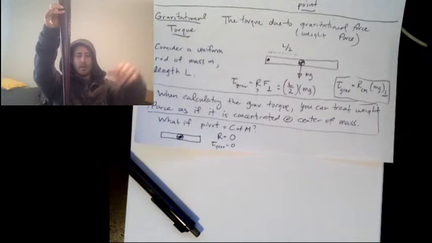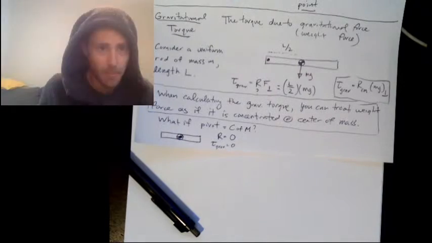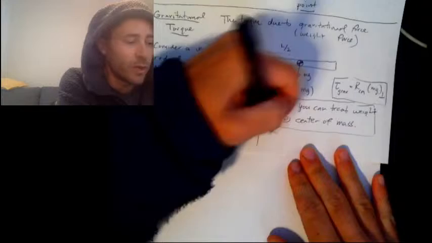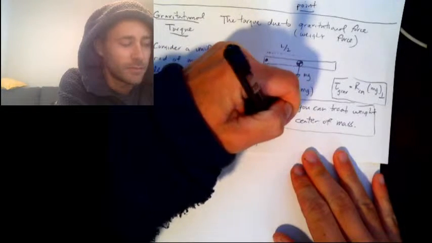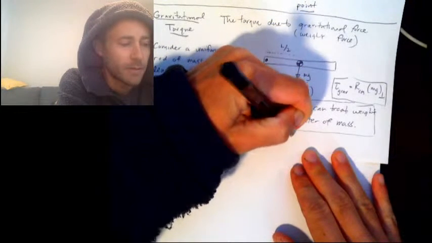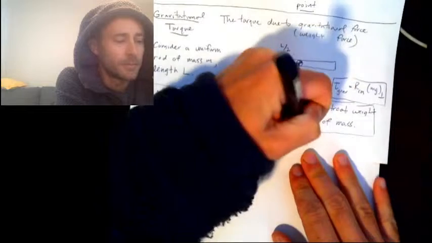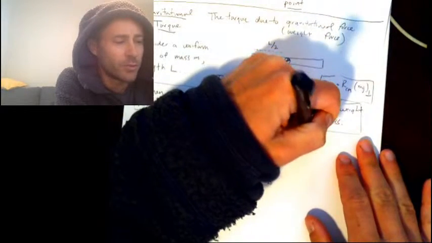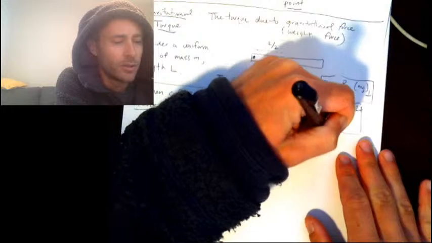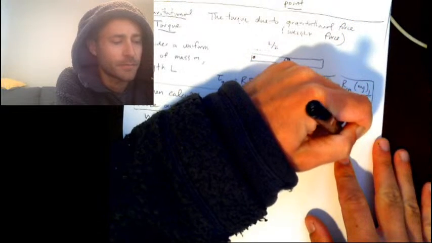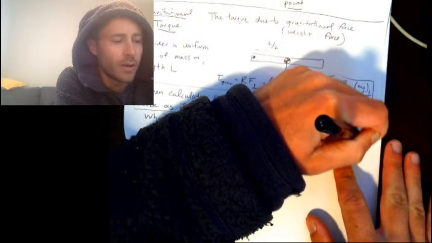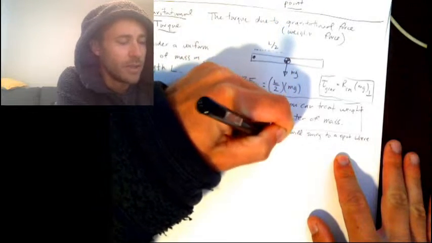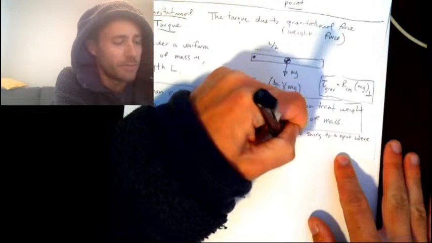It turns out that an object will swing to a spot where the center of mass is directly below the pivot.